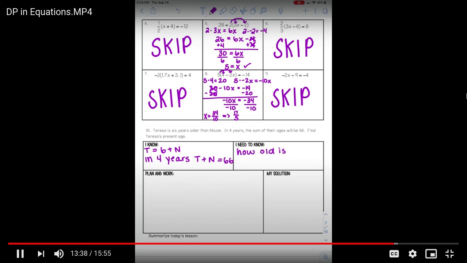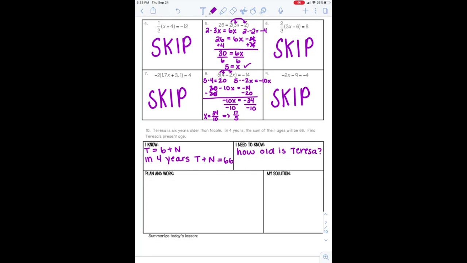So what I need to know is how old is Teresa now? So our plan and work down here, I know that t plus n equals 66, and I know that t equals 6 plus n.